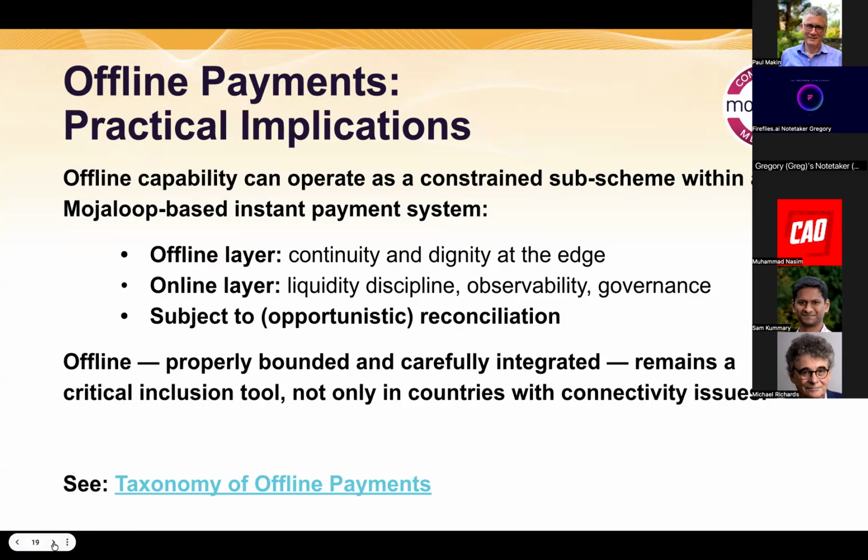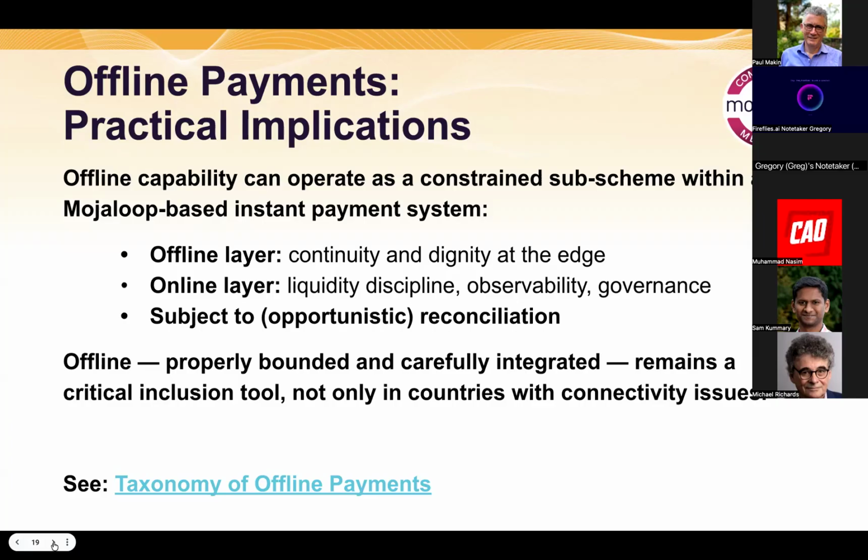What we do think, though, is that Mojaloop is never going to do offline payments. That's not what Mojaloop is. It's online, but that doesn't mean that we shouldn't support offline. So offline capability can operate as a sub-scheme within a Mojaloop-based instant payment system, either as a sub-scheme or a companion scheme. So there can be an offline layer with continuity at the edge and an online layer which supports all the Mojaloop features of liquidity, discipline, observability, governance.